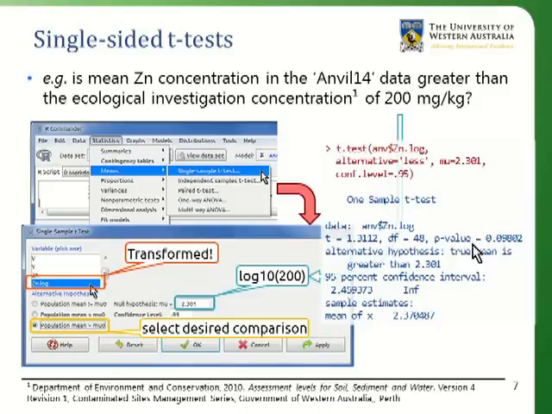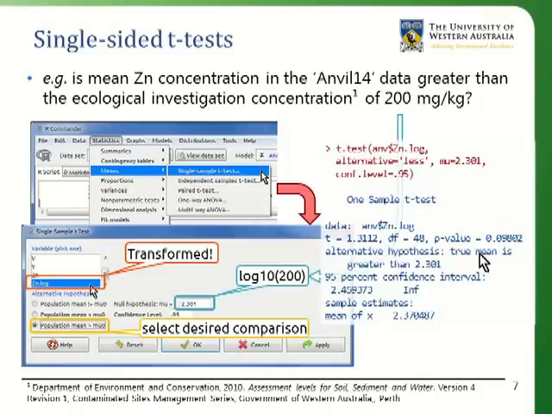Okay, so one sample t-test. In this case we've got a p-value of 0.09, so it's actually not a significantly higher concentration, even though the mean value is higher than 2.301. It's not a lot higher.